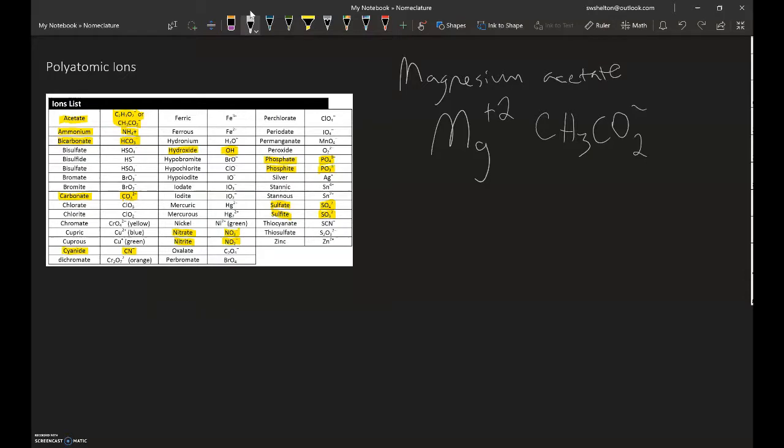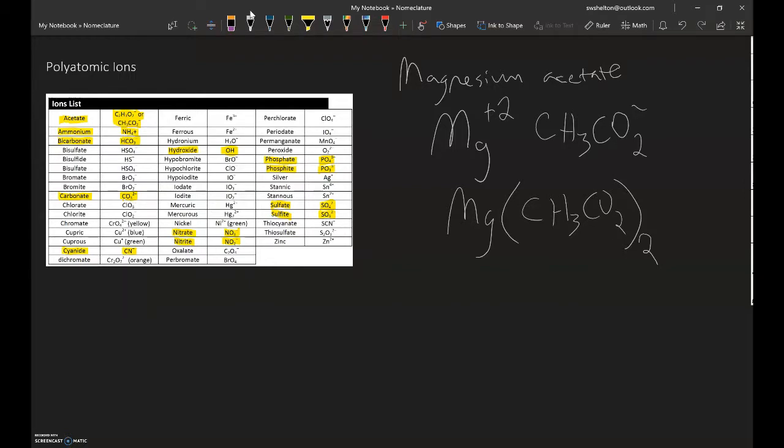Now, you cannot just simply write a 2 as a subscript on the outside of the acetate. What we have to do is write acetate inside of parentheses, and then we'll put a 2 on the outside. So that way, it shows the reader that there are 2 acetates for every 1 magnesium.